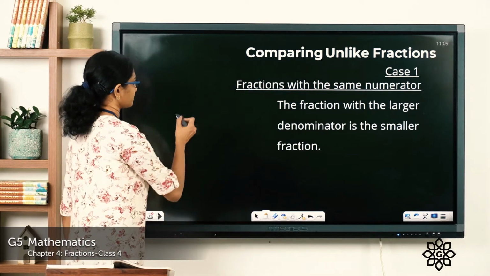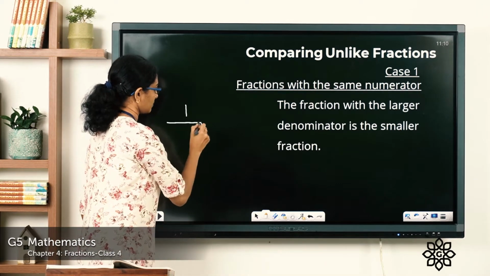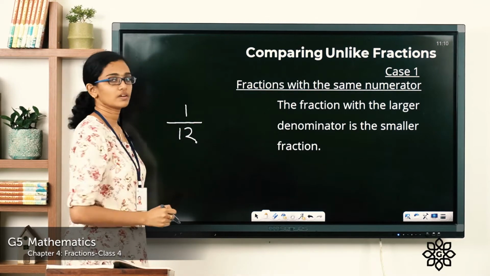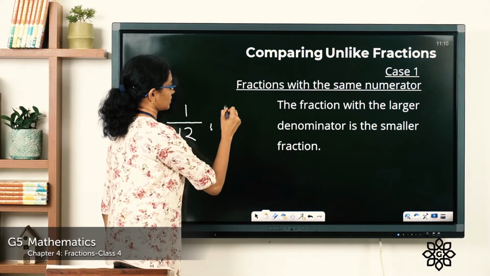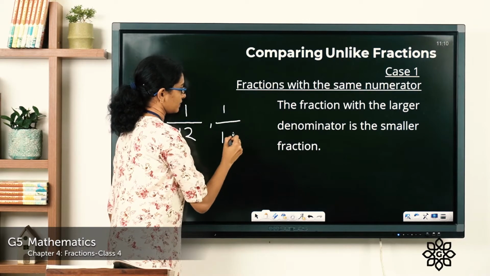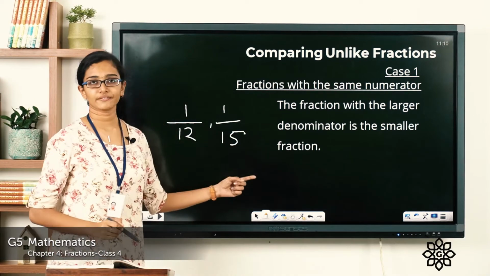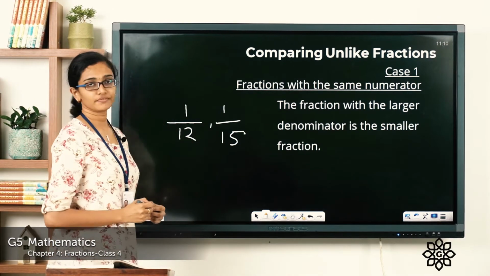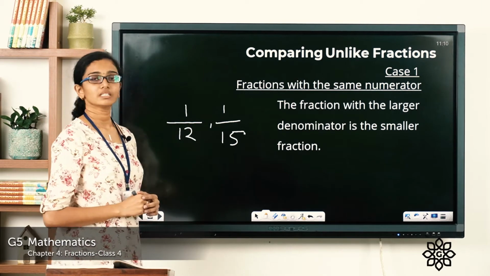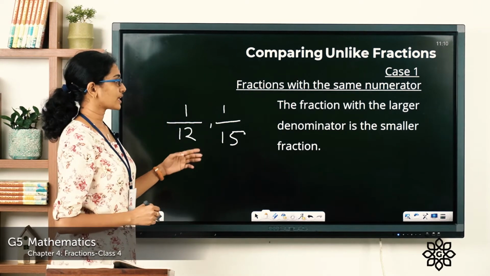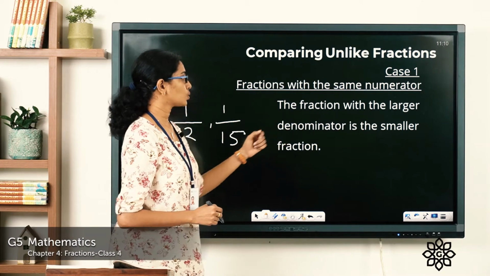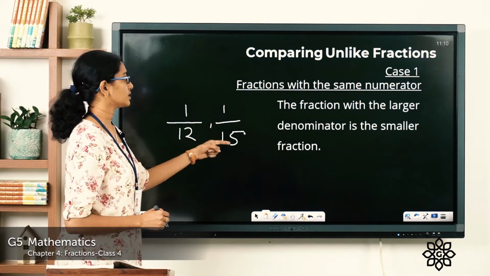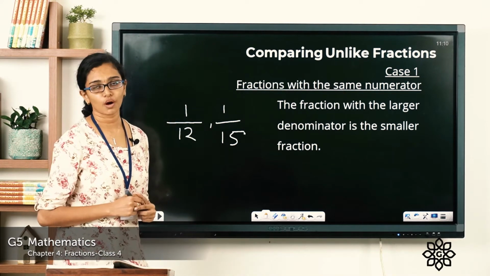For example, 1 by 12 and 1 by 15. See, are these like fractions? No, they are not like fractions, but they have the same numerator. So in such cases, the fraction with the larger denominator will be the smaller fraction.